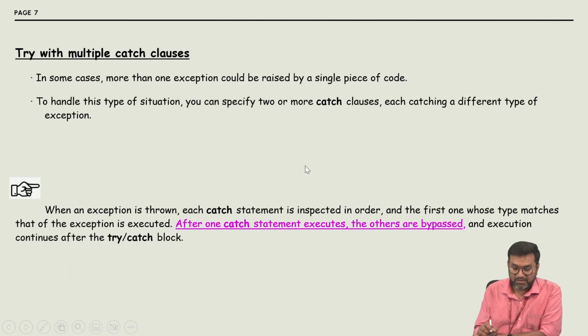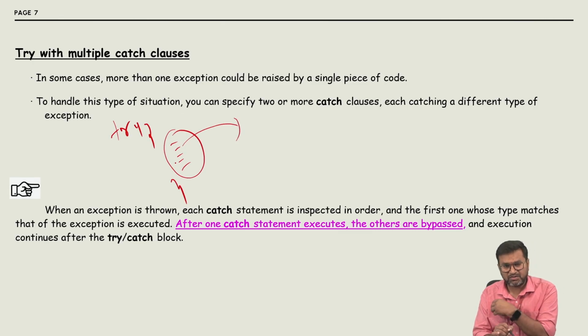And we know that a try block can be followed by multiple catch clauses. So why should we deal with multiple catch clauses? We are writing some code in the try block. Can I go with only a single statement inside the try block? No. Generally, we keep multiple lines of statements.